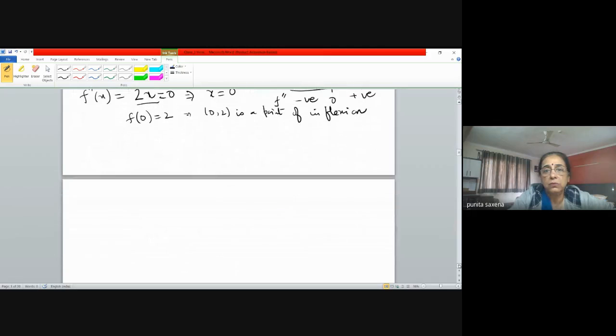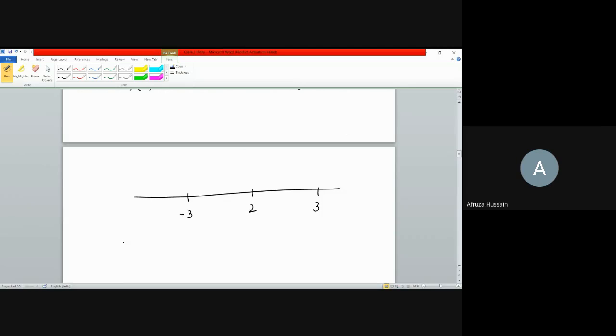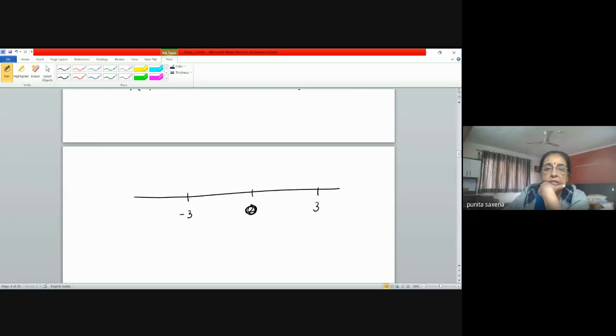Now combine the two and sketch in pieces. अब हमारे पास पॉइंट्स कौन से होंगे? It is 0 and 3, सॉरी मैंने 2 लिख दिया. अब for x less than -3, your f dash was positive, so it was increasing, है ना?